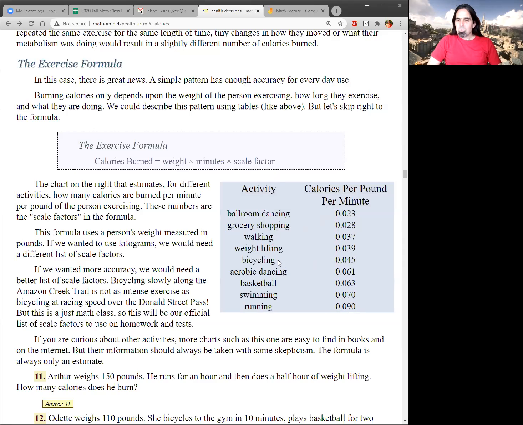So no, there's all sorts of numbers for what it might be. For any of these activities, somebody could do them at a relaxed pace or at an intense pace and so on. But we need something for a math class. So we're just going to pretend that these numbers are accurate and know that in real life, it would be more complicated than this.